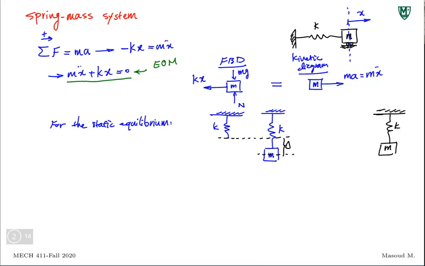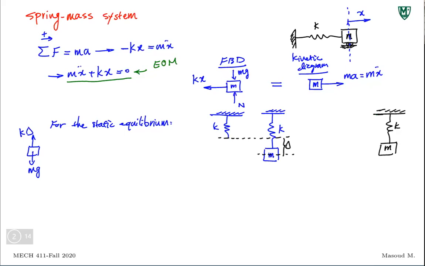The only forces applied are the weight, mg, trying to take it down, and the spring trying to push it back up, and that spring force would be K delta, K multiplied by how much the spring is deformed, which I called delta.